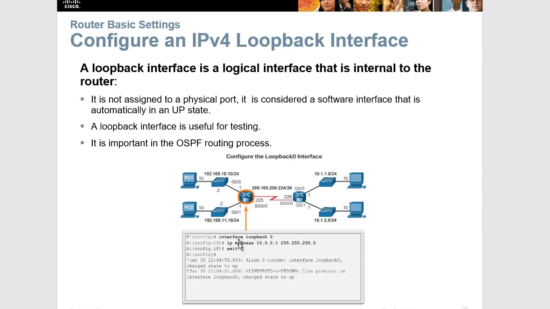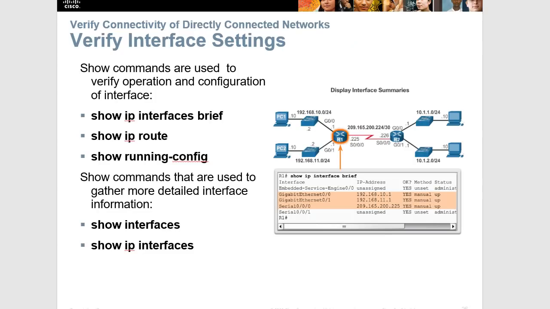And the command for that is interface loopback, loopback 0 typically, IP address, then the subnet mask right after that. And it doesn't have to be loopback 0, it could be loopback 1, and we'll discuss the different uses of loopback as we go through the materials, or how it's incorporated, I should say.